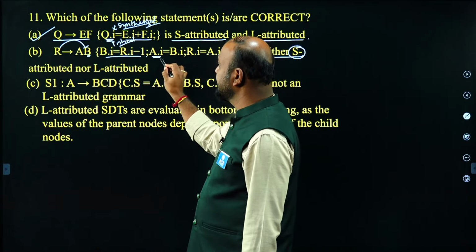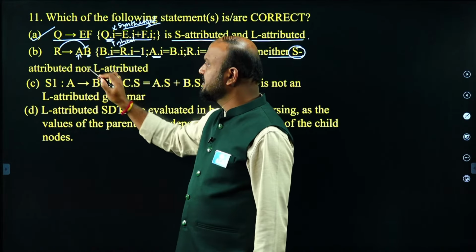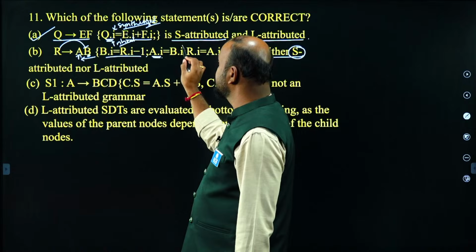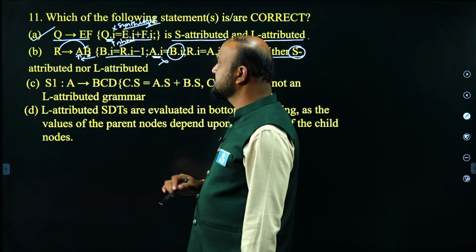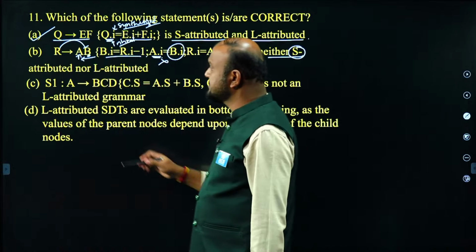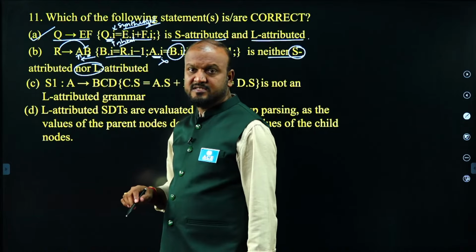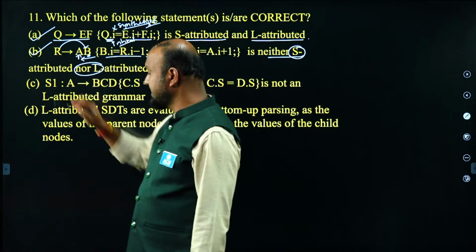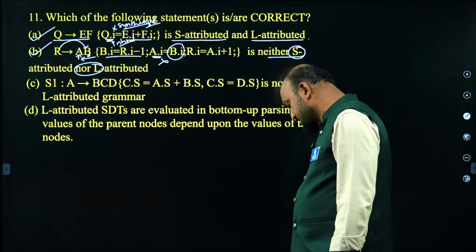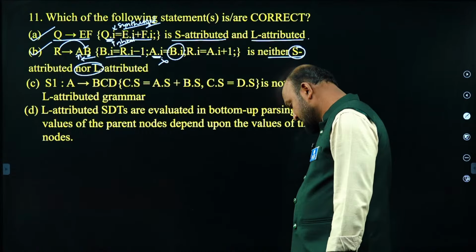But A.i is getting its value from B.i, the right sibling, and getting a value from a right sibling is not allowed, so it is not L attributed. So not S, not L, perfect. B is also a correct statement. Okay, very good, that's quick.